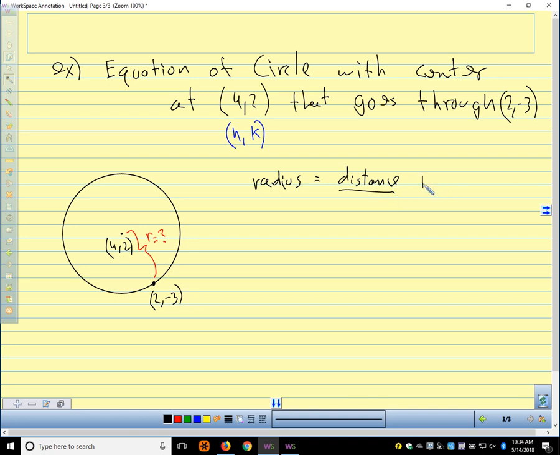So the radius equals the distance between the points. So we use the distance formula. Or we could plug into our equation, because our equation for a circle is the distance formula. So we can say x minus 4 squared plus y minus 2 squared equals r squared.